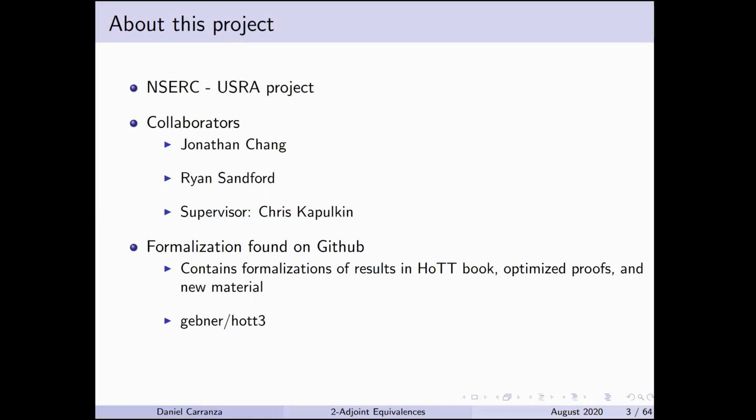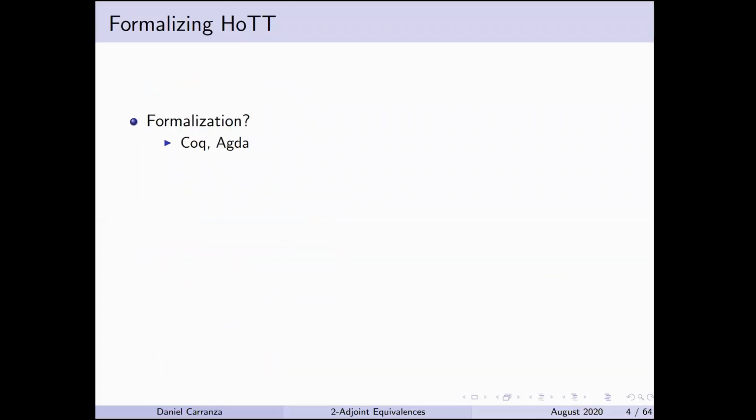It can all be found on GitHub under the Gebner hott3 library. And hopefully there will be a paper going into more detail on exactly the content that you'll see in this talk. So let's start off with formalizing HoTT.